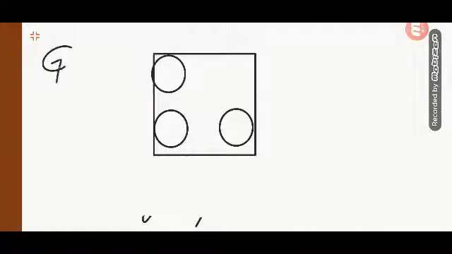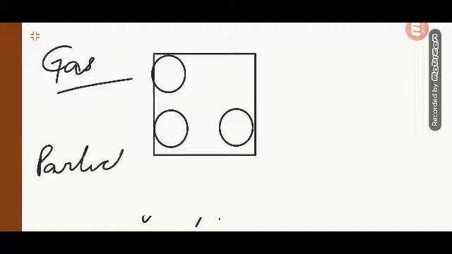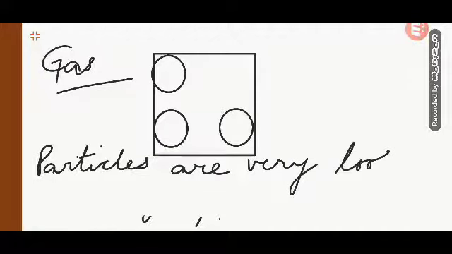The next is gases. Now if you light an incense stick, means agarbatti, what happens? Have you seen the smoke coming out of it? The smoke can easily move, and it gets filled in the whole room.